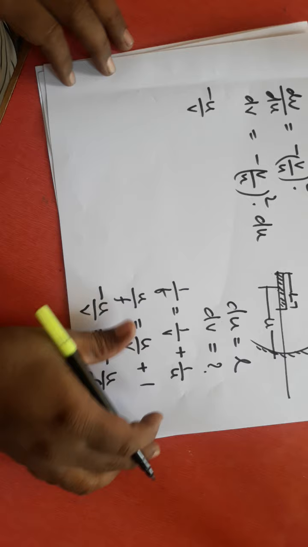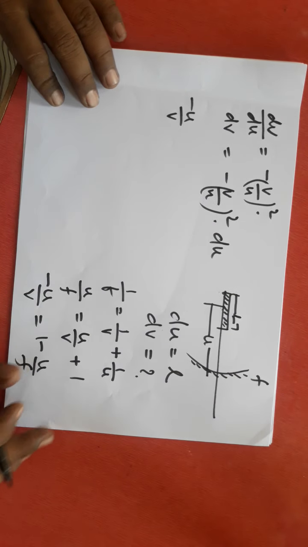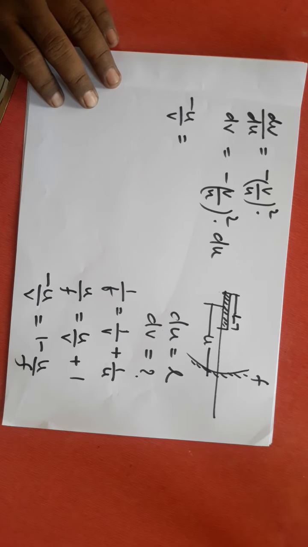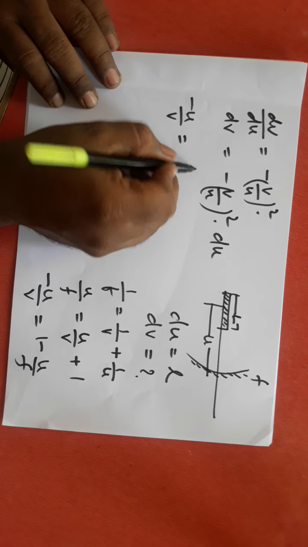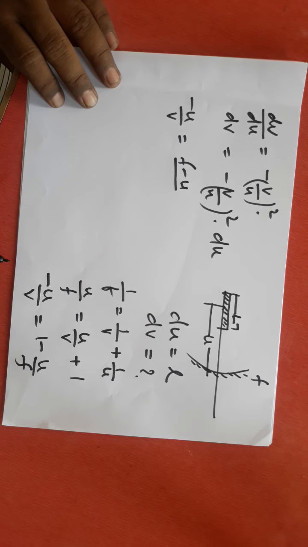Then what do I get? Minus u by v is equal to f minus u divided by u. Then what is v by u I will get?